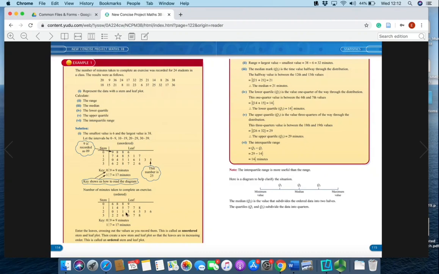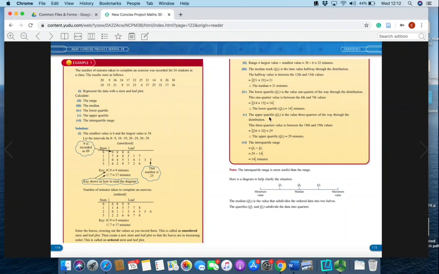Because it's an even number, there'll be two values in the middle, the 12th and the 13th, which in this case is 21 and 21. We get halfway between them to give us 21 minutes. The lower quartile is 1/4, and the upper quartile is 3/4. So you find them, and your interquartile range is Q3 minus Q1.